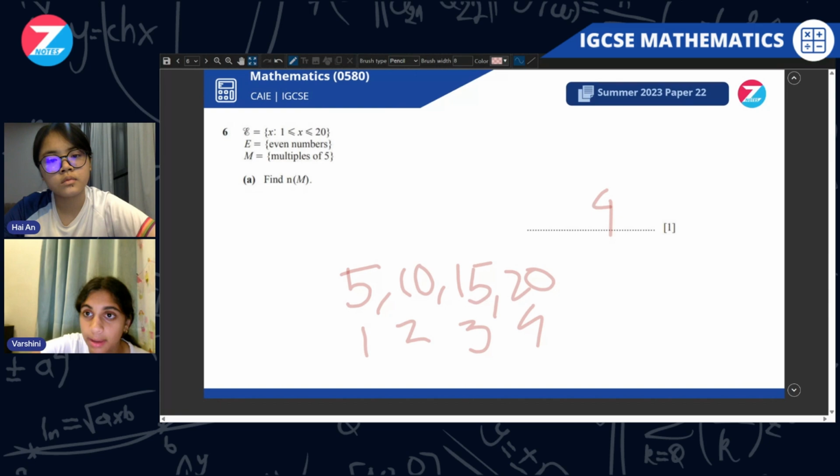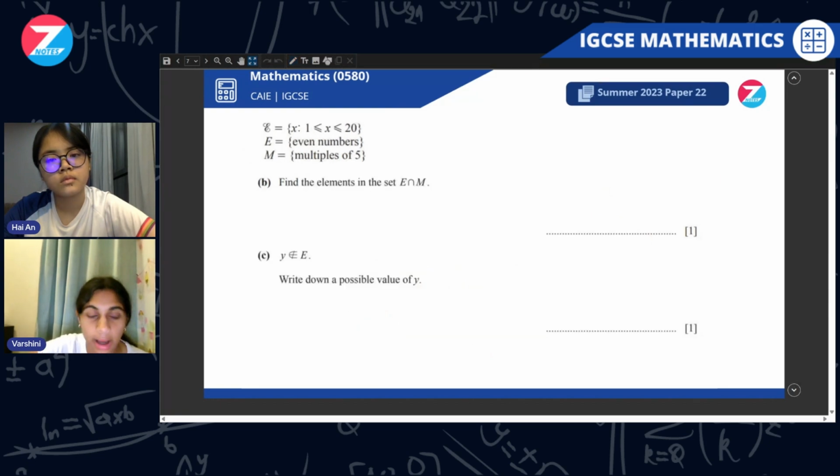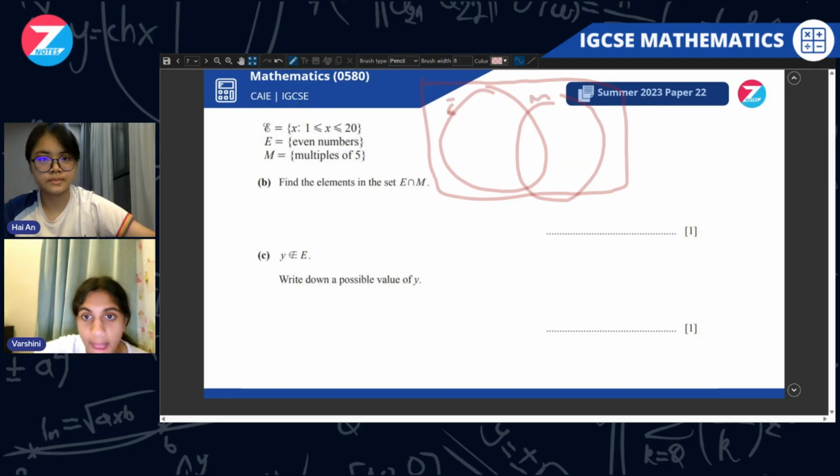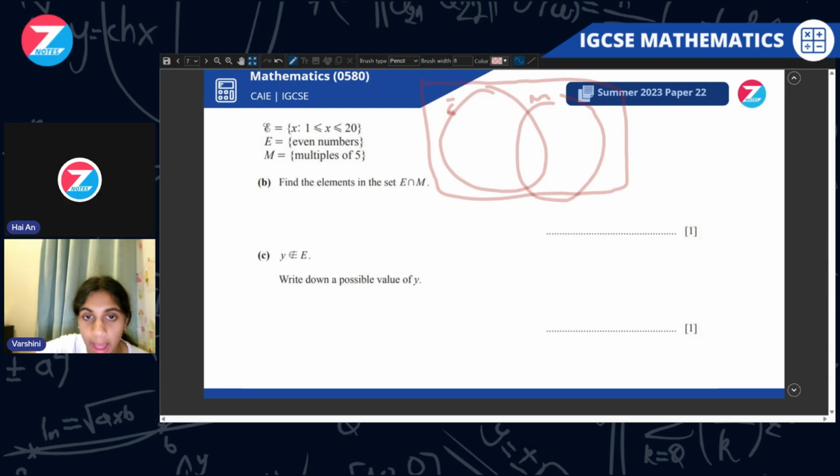Okay, for the next question. Find the elements in the set E intersection M. If we draw these out, this is the box with all the elements. So let's say this is E and this is M. Everything in here and everything in here.